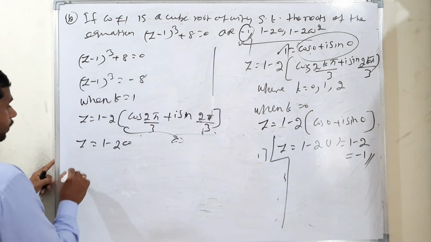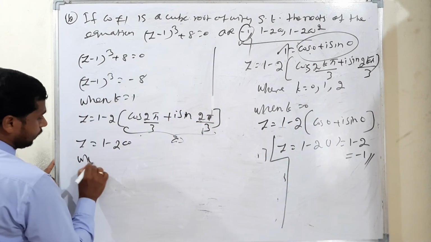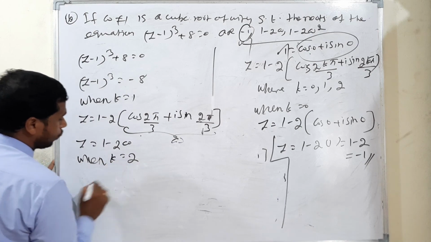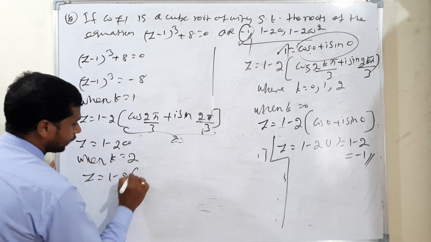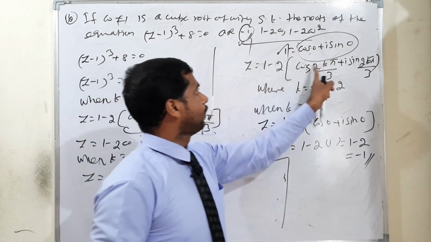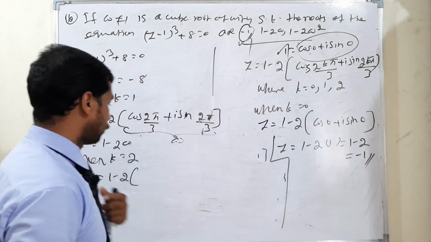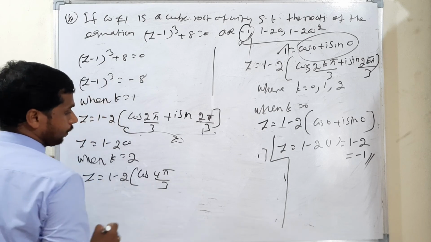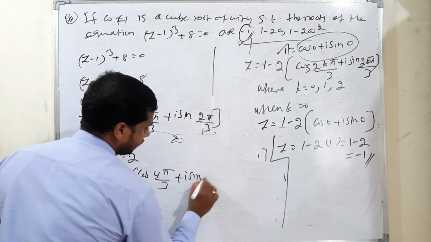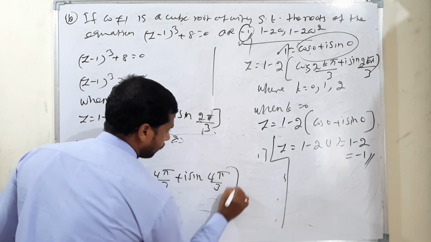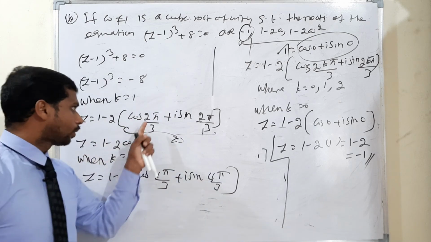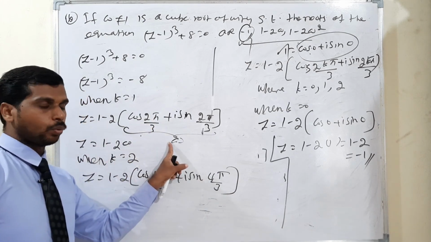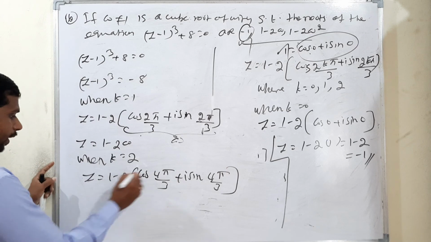Listen, this is the third condition, when k is equal to 2. Z is equal to 1 minus 2. Instead of k we can apply 2, so 2 into 2 is 4. So cos 4 pi by 3 plus I sin 4 pi by 3. If we have 2 pi by 3 we can consider it as omega. Here 4 pi is there, so how to expand?